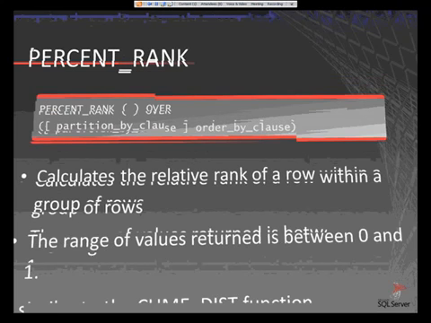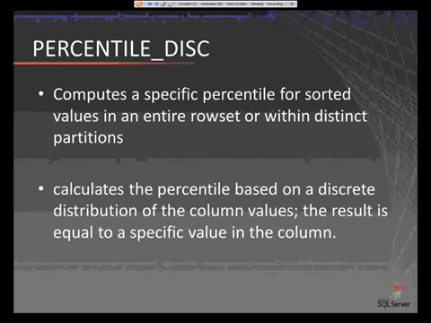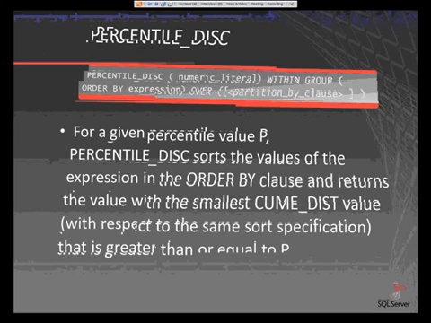On that one, percentage rank is the relative rank of a row within a group of rows. Okay, it is pretty similar to cumulative distribution. Then there's percentile discrete, okay, which is a percentage sorted out for values within a row set, possibly partitioned, but it is based on a specific value in the stream or the data set.